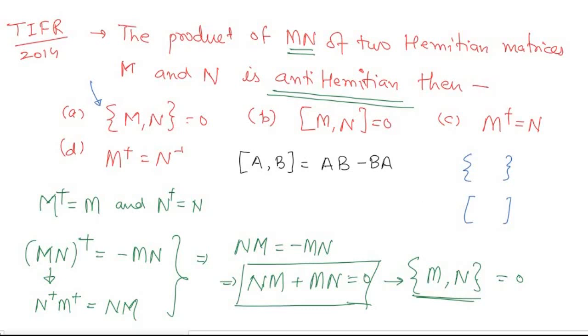So this square bracket is called the commutator bracket, and the curly bracket is called the anti-commutator bracket.